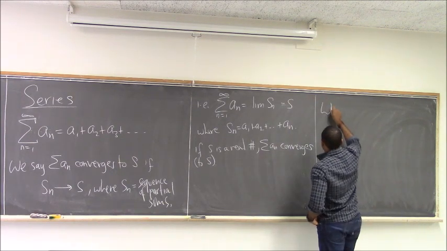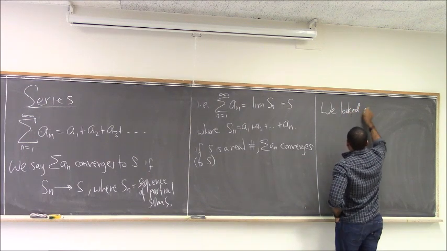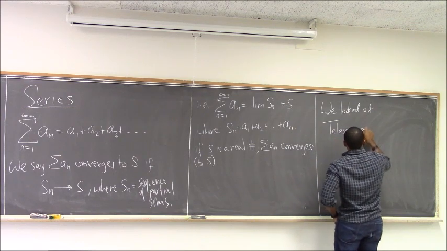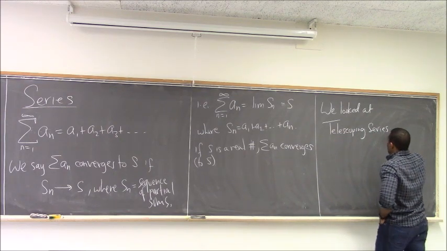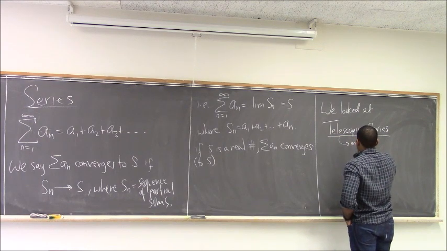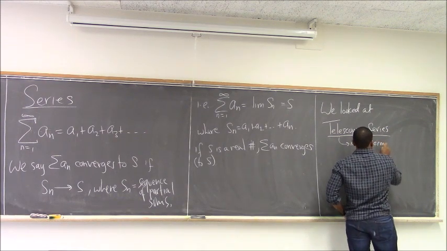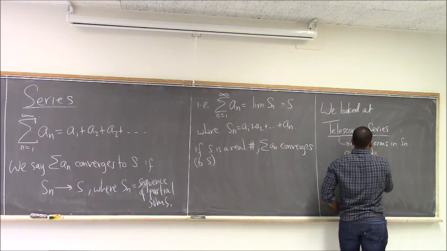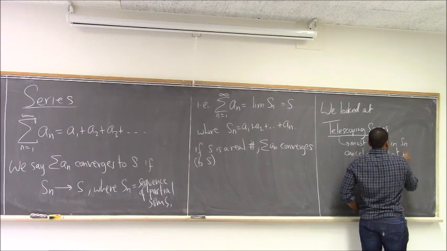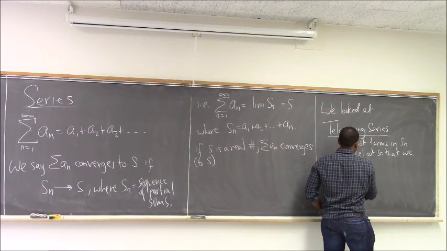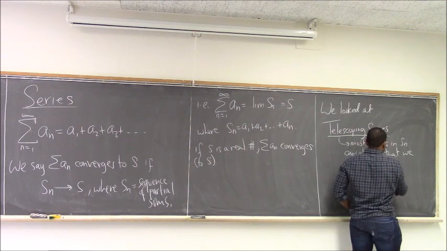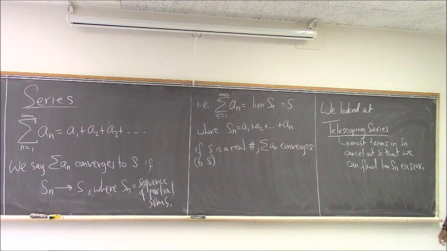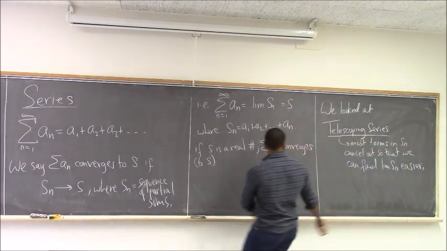These are where most terms in S_n cancel out, so that we can find the limit of S_n easier. Not all series have this property, but the ones that do, we call telescoping series, and we did an example of that last time.